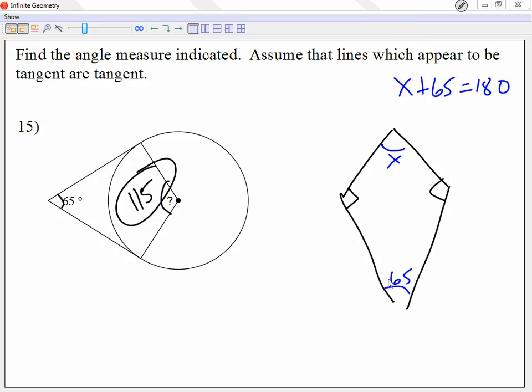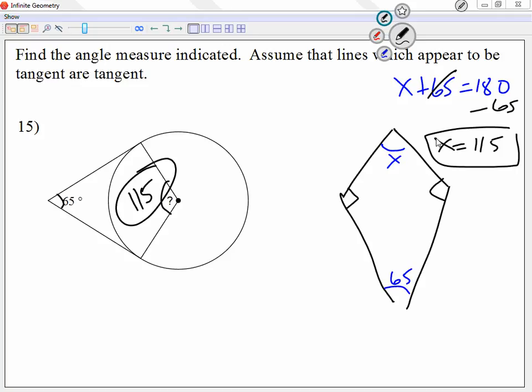Like I said, the top and bottom angle add up to 180. Subtract 65, and you're going to get that X is equal to 115. So as a reminder, on this kite, top angle and bottom angle add up to 180. Right. Any other questions?